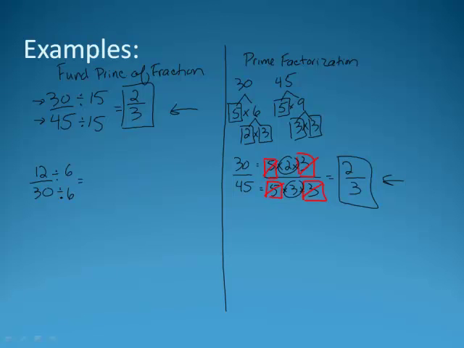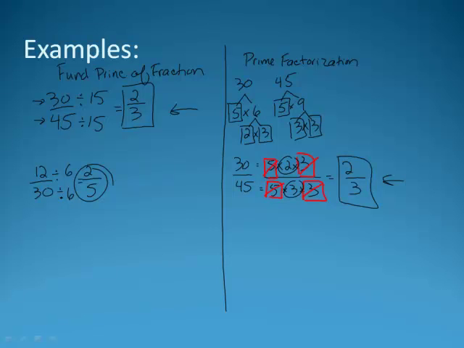They're also both divisible by 2, but we want to use the biggest factor we can think of. So 12 divided by 6 is 2, 30 divided by 6 is 5, and we find that 12/30 is the same as 2/5.